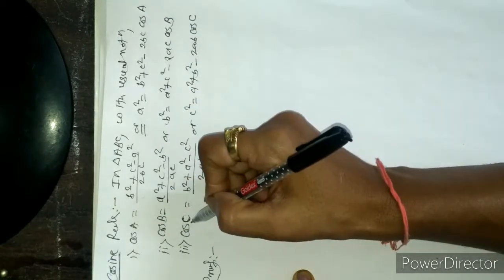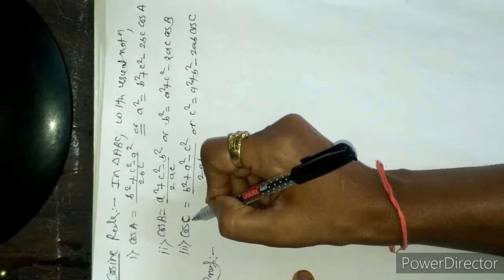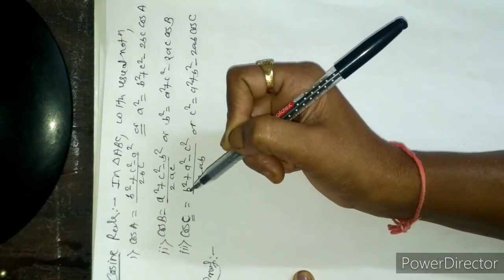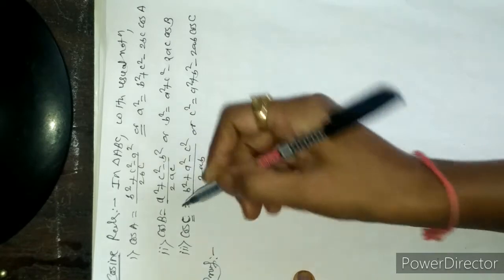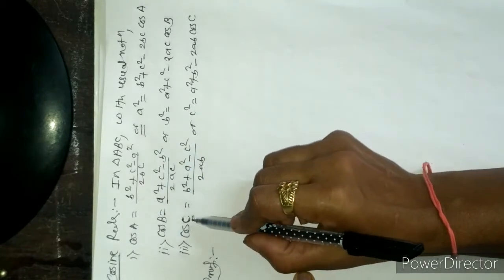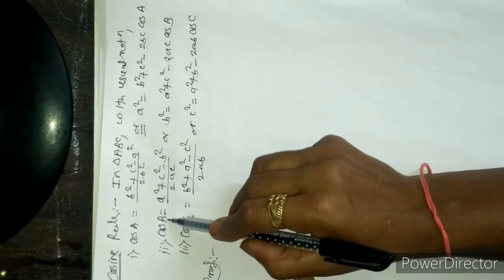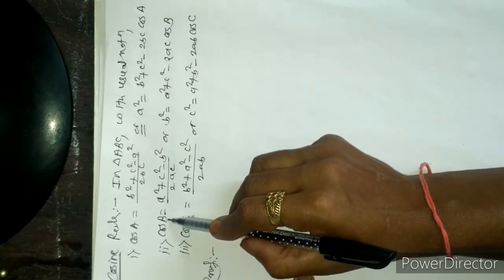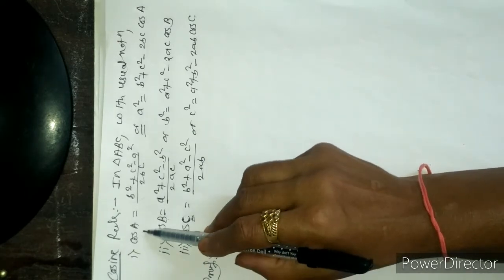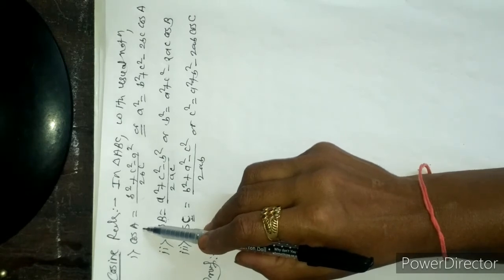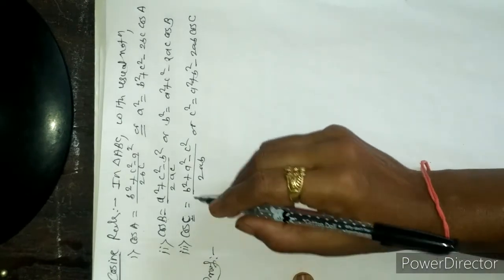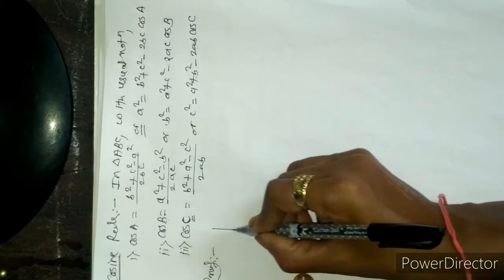If you have to find the rule for cosine C, then you take vertex C of the triangle ABC at the origin. Similarly for vertex A of the triangle ABC at origin. So for this we take the proof.